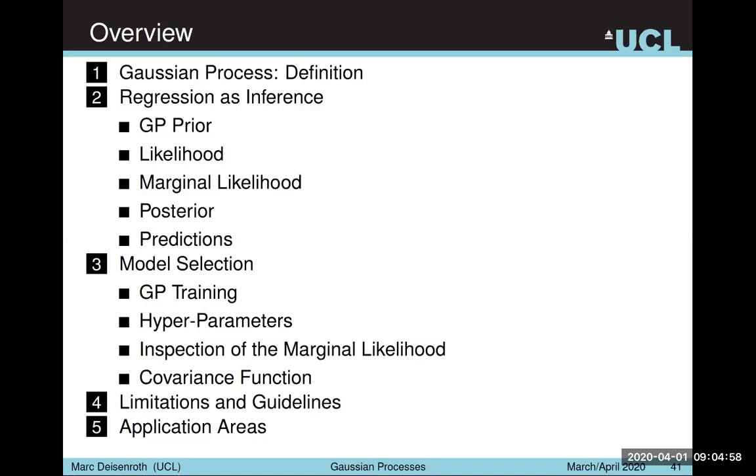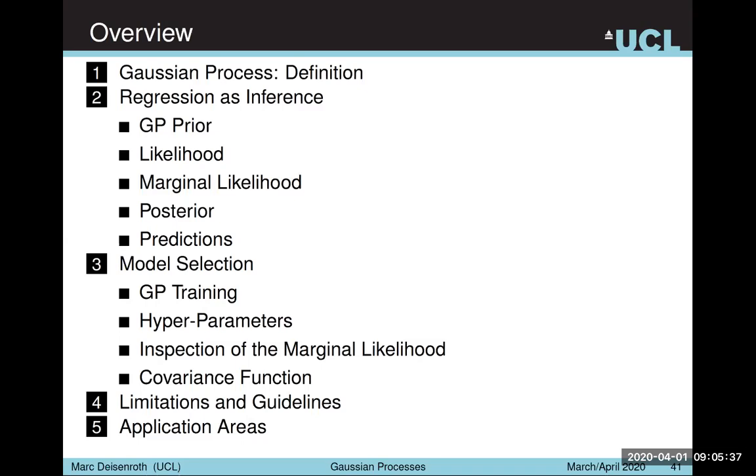We're going to have a closer look at the marginal likelihood and try to understand why it is meaningful as an objective to optimize when we want to find good hyperparameters. Then towards the end, we're going to look at how we choose good covariance functions. And at the end of the lecture, we're going to look at some limitations and some practical guidelines for when you work with Gaussian processes, and briefly mention a bunch of application areas. So that's what we're going to do today.